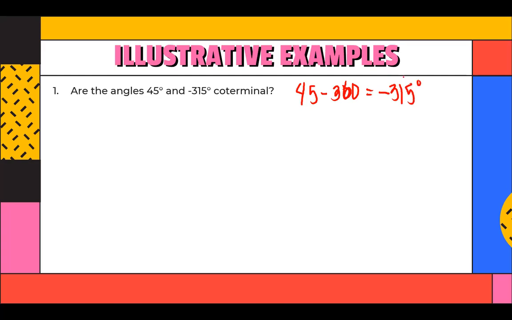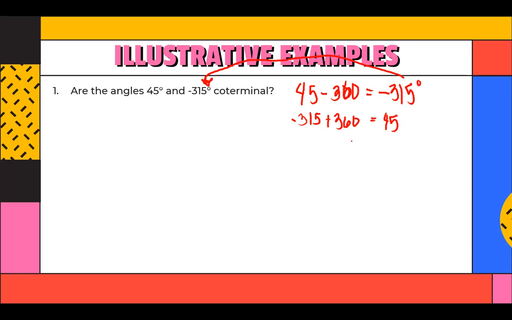And that's our second given angle. This is also the same if we're going to add 360 to negative 315. Using your calculators, the answer here is positive 45.